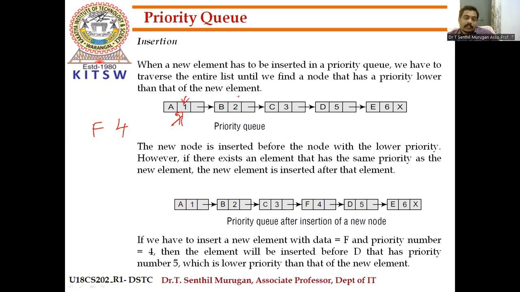So I check again, less, again less. Then it is greater, so it will stop here. Before this, it will create the node and insert F, then 4. Whatever address it has, that will be stored here, in the next pointer. So this address is there, and that will be pointing to here. Like that we can insert the element into the linked list.